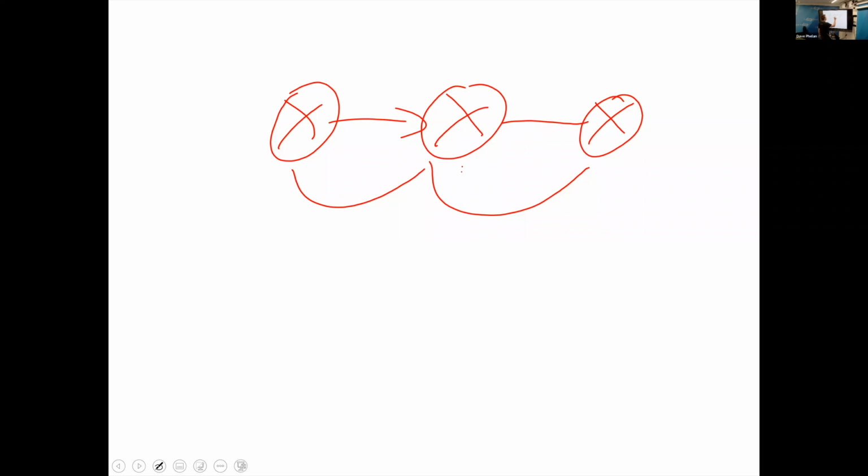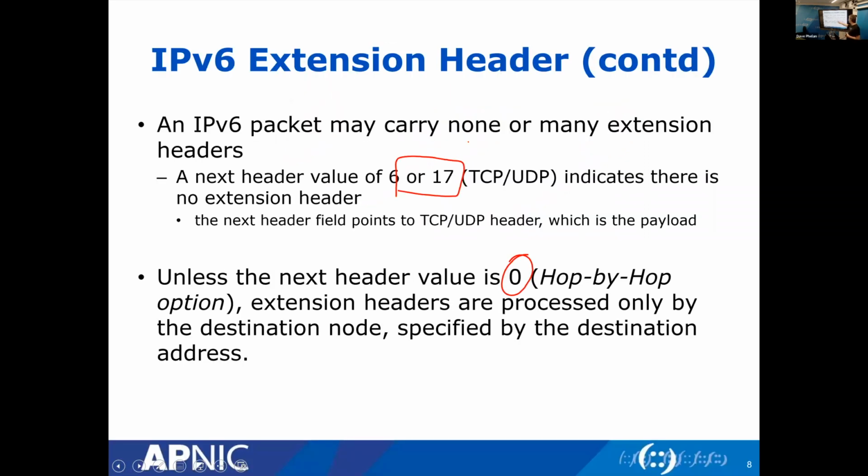So in V4, this guy here is going to look at my packet and go, okay, I might need to fragment. I'm going to drop this down and fragment it going that way. In version 6, he'll look at the first header that comes in and go, that's none of my business, pass it on to here. So this guy here doesn't do much at all. All of our extension headers, unless we specify hop by hop, are not processed by anyone other than the destination node.